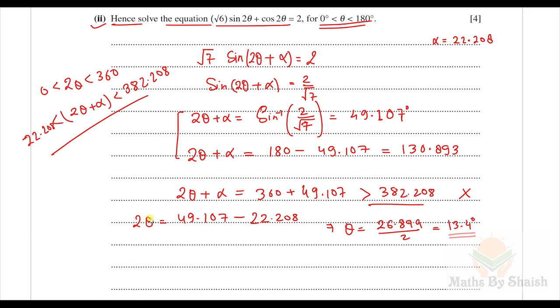Next, from this one we get 2 theta is equal to 130.893 minus 22.208, that is alpha, which is 108.685, and theta would be 108.685 divided by 2, which is 54.3425, so it is 54.3 degrees.